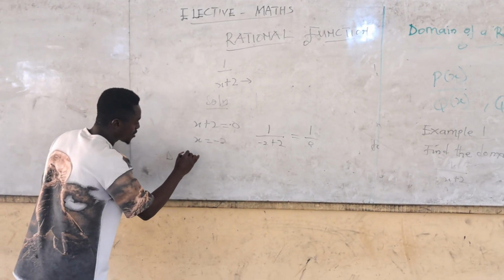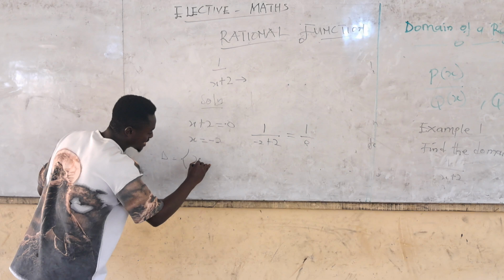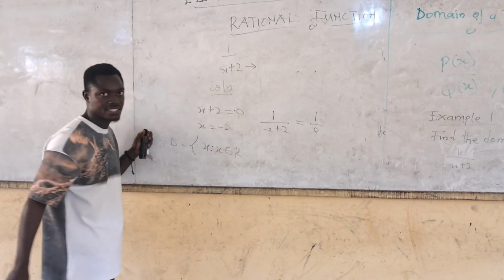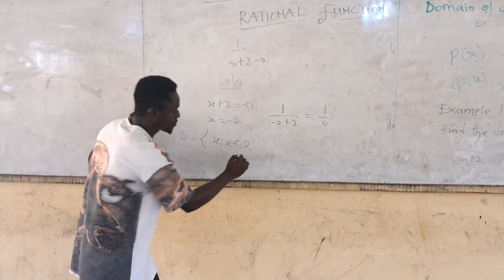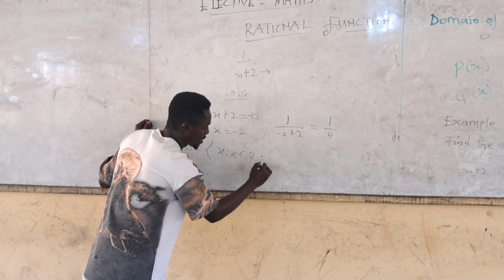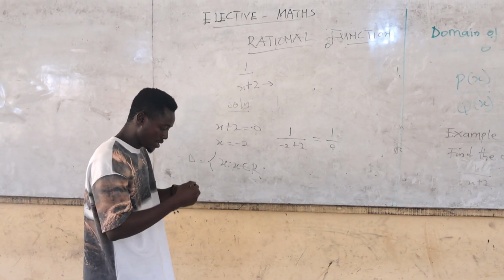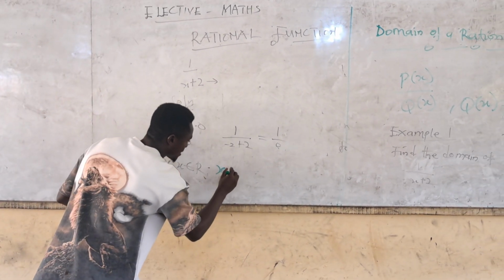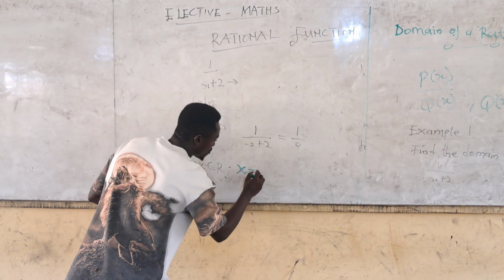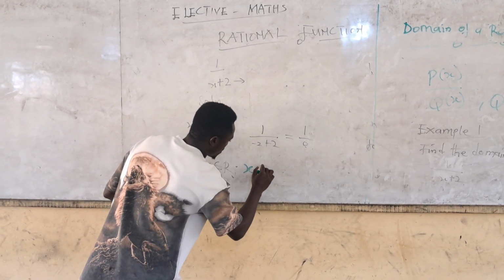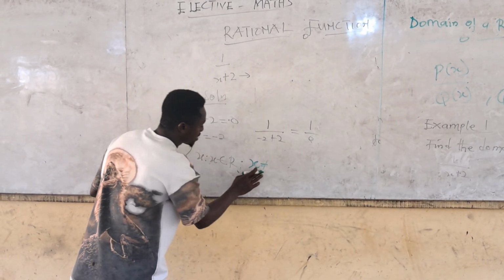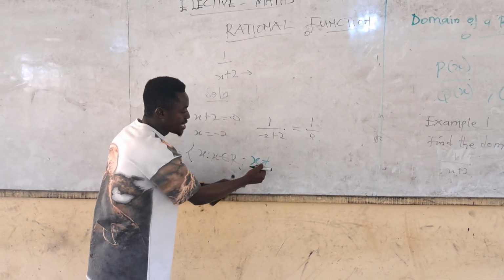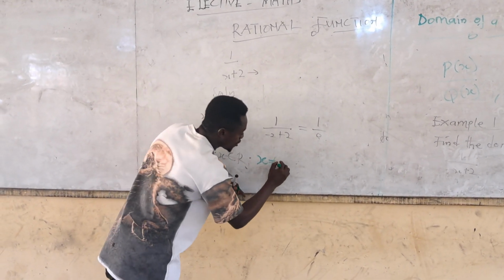So from there you write the domain. The domain equals the set of x such that x belongs to all real numbers, except x equal to negative 2.